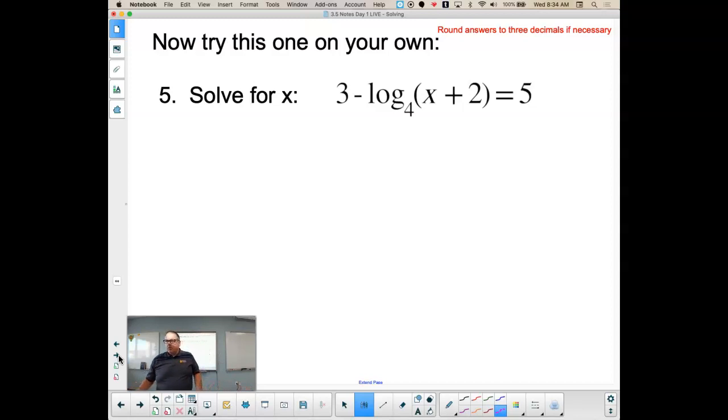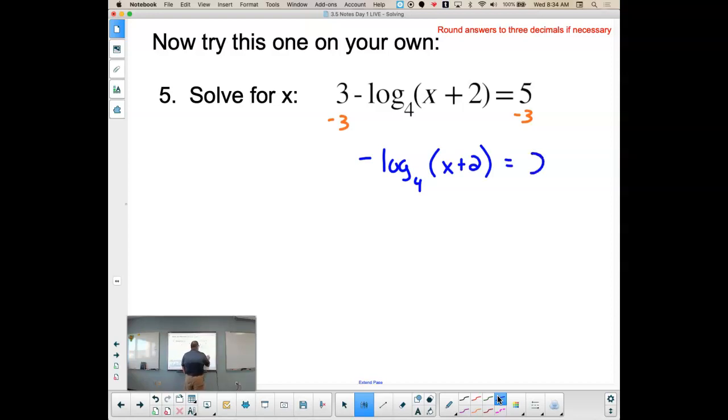More time? All right, here we go. So first off, subtract some 3's. That's going to give me negative log base 4 of x plus 2, and that's going to equal positive 2.